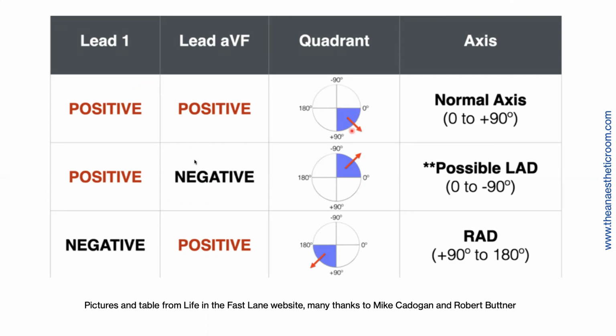If the complexes are positive in lead 1, so more towards lead 1, but negative in lead AVF, so going away from AVF, then this is more likely to be a left axis deviation. Finally, if the complexes are going away from lead 1, or away from the left, and going towards lead AVF with positive complexes, which is going towards the right, that means there is right axis deviation.